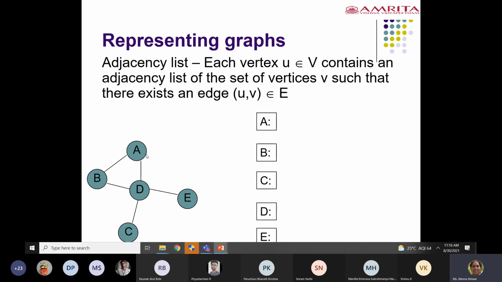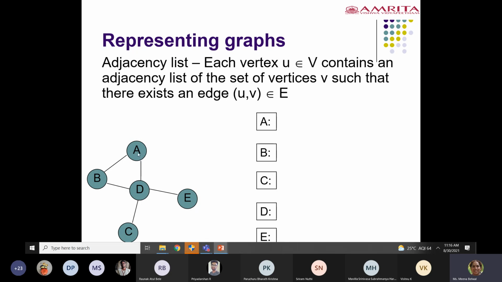You take a vertex u, for example, A. How will you make the adjacency list? You will find all the edges that start with A. For all the edges uv, you add that vertex v into the adjacency list.